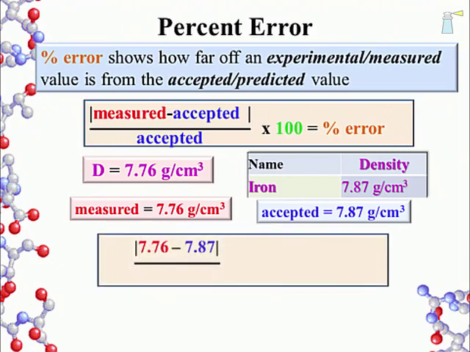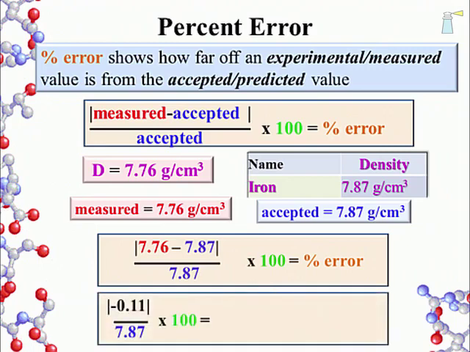Insert the measured and accepted value in the numerator of the equation. Divide by the accepted value and then multiply by 100. The math in the numerator comes to negative 0.11. The absolute value sign around the negative 0.11 forces us to take the positive of that value, positive 0.11.